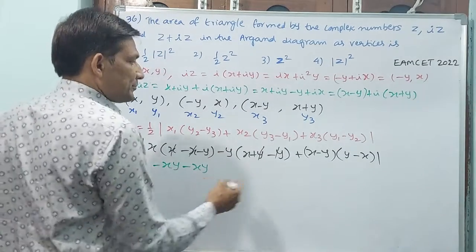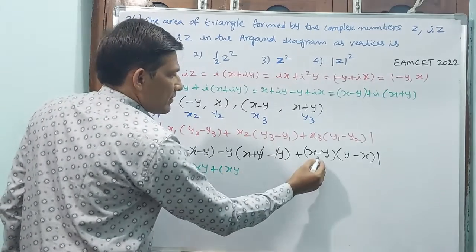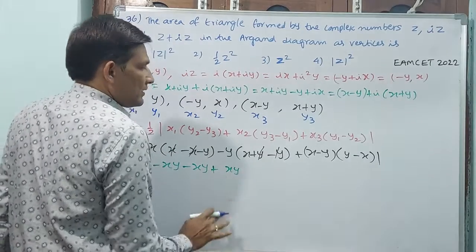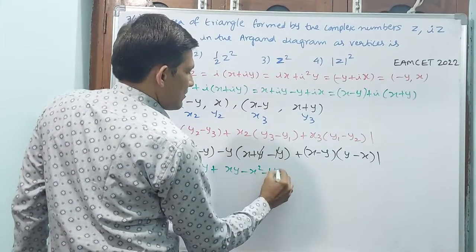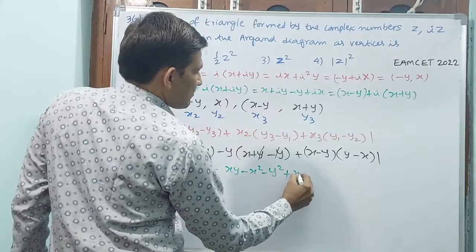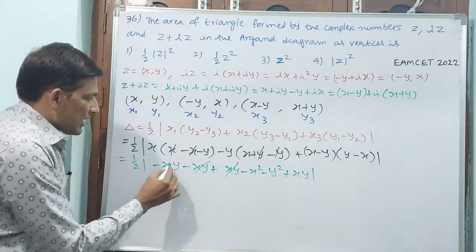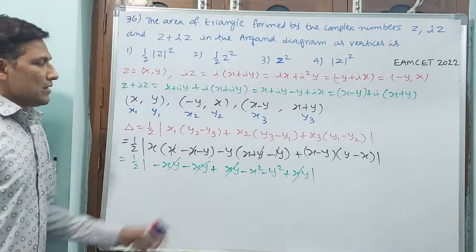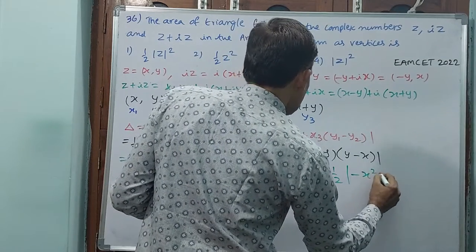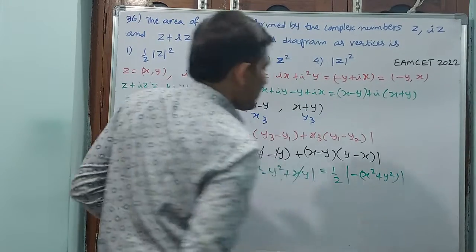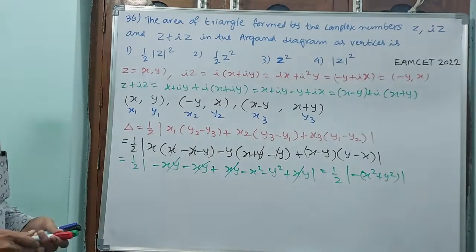Now go for here: plus xy, plus xy, minus x square, minus y square, minus of minus plus xy, close the modulus. Now minus xy plus xy you cancel out, again minus xy plus xy you cancel out. Now this is 1 by 2 modulus of minus of x square plus y square. Why? Because x square is also minus, y square is also minus.